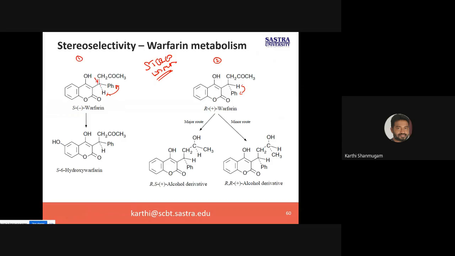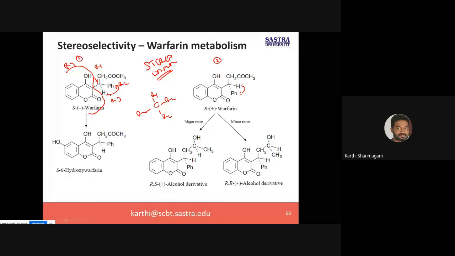With respect to this carbon, four different groups are attached: R1, R2, R3, and R4. Whatever is present in this region is the R4 group. When four different groups are attached to the central chiral carbon, there is the possibility of enantiomers. So molecule 1 and molecule 2 are stereoisomers, non-superimposable mirror images.